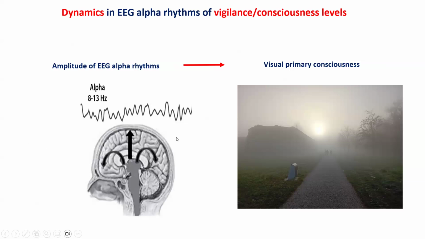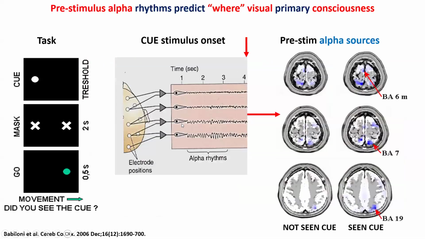And now we move to the impact of vigilance regulation, as revealed by alpha EEG rhythms, on visual primary consciousness. Visual primary consciousness means the consciousness of a visual stimulus.